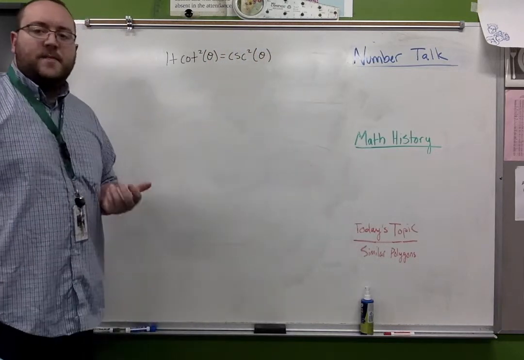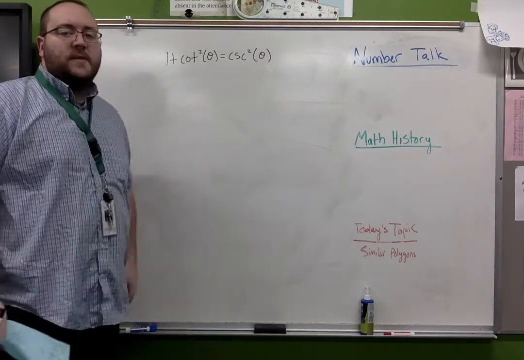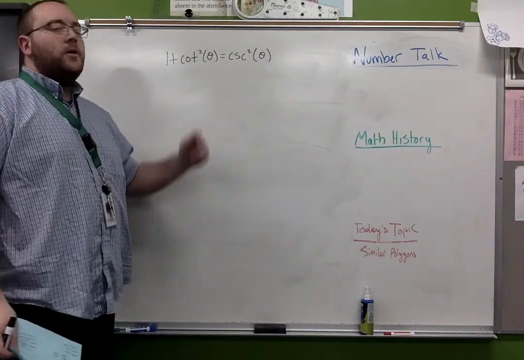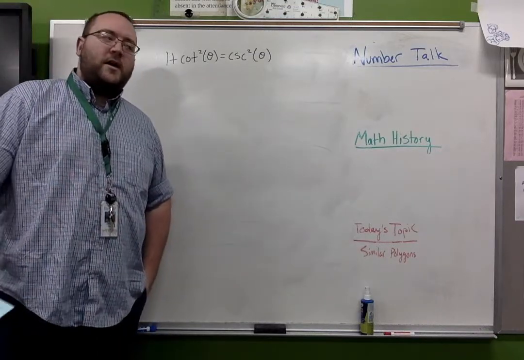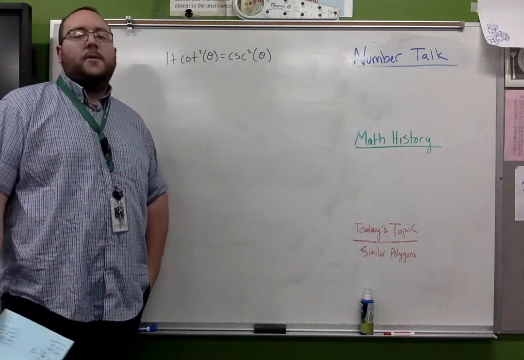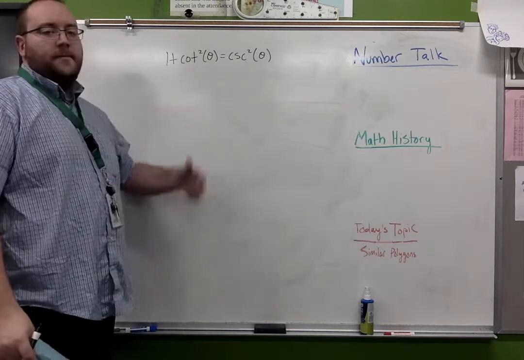You're not allowed to use any properties of equality, like subtracting 1 from both sides or dividing both sides by sine or whatnot, because we don't know if it's equal yet. That's what we're verifying, that it really is equal. So you can only work with one side.